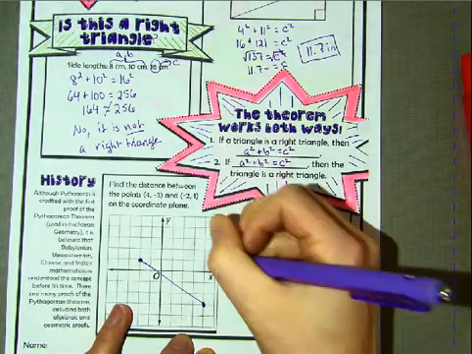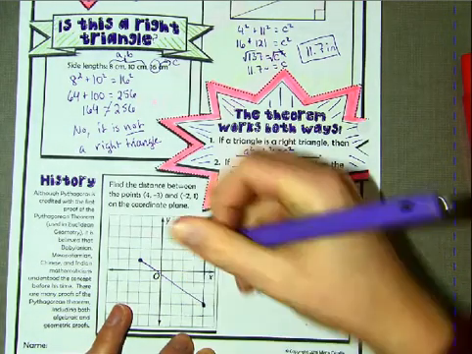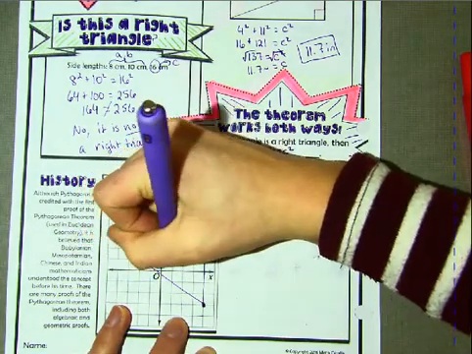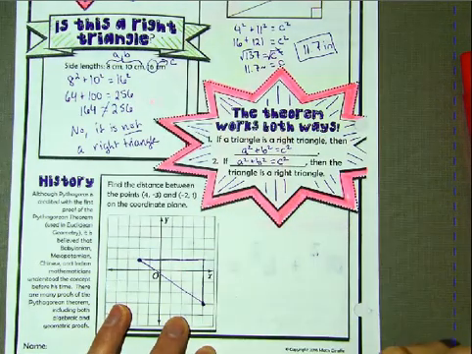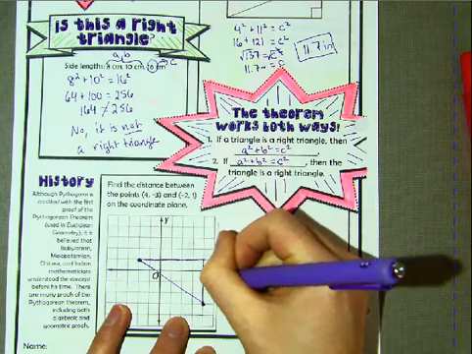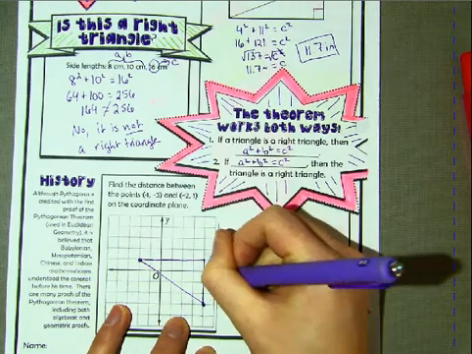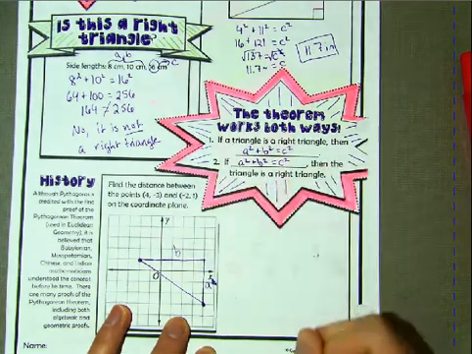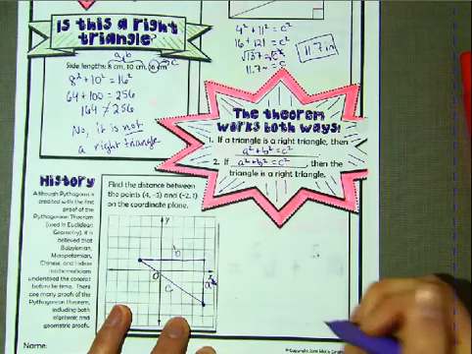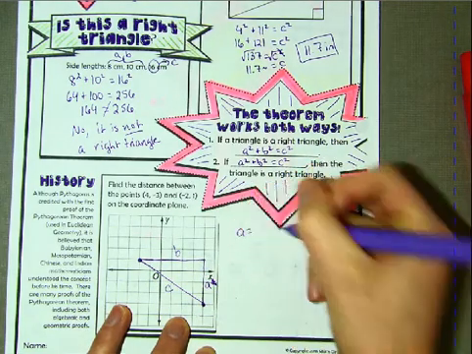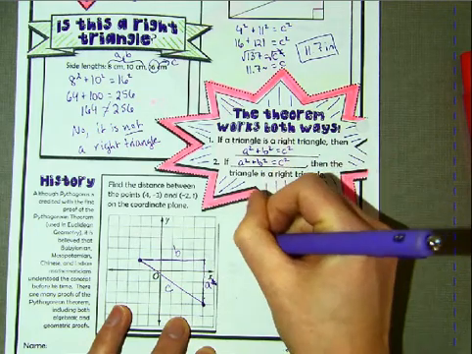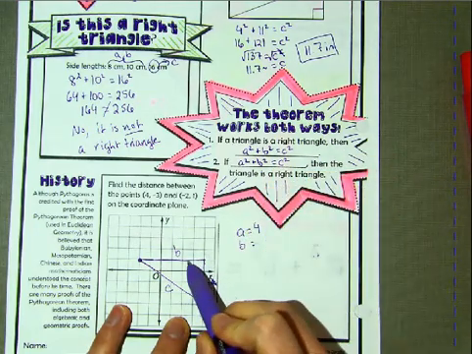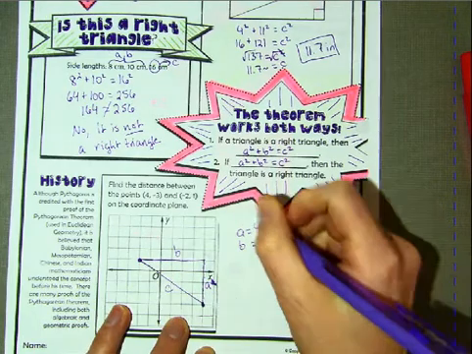Well, we can draw a right triangle and use the Pythagorean theorem to find that side length. So let's say this is a, and this is b, and this is c. So a is equal to 1, 2, 3, 4. B is equal to 1, 2, 3, 4, 5, 6.